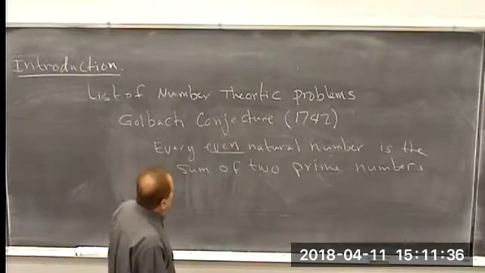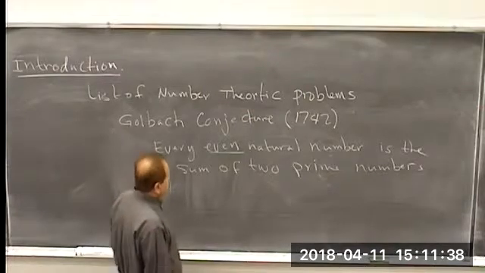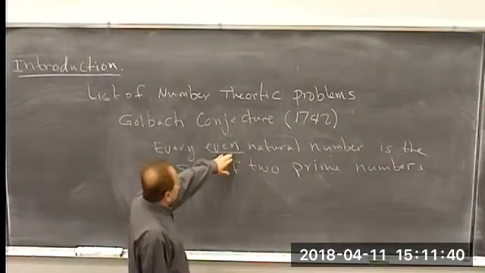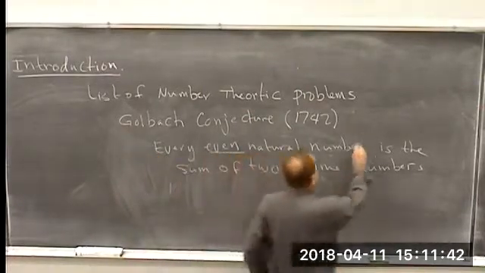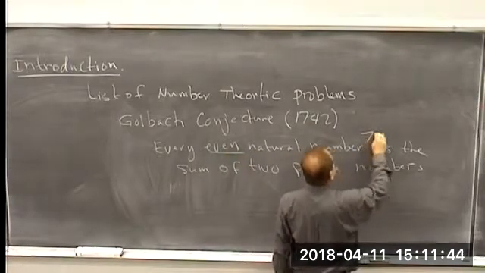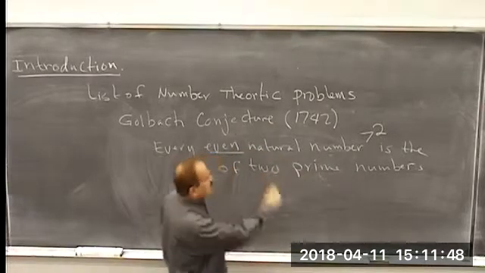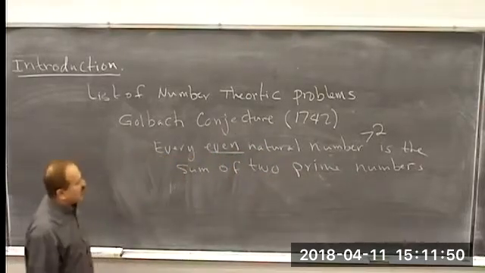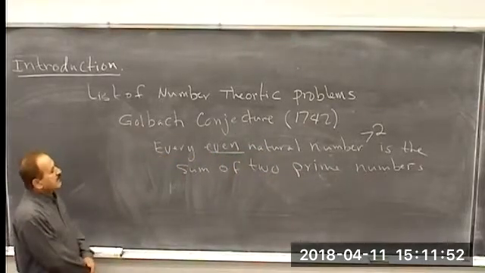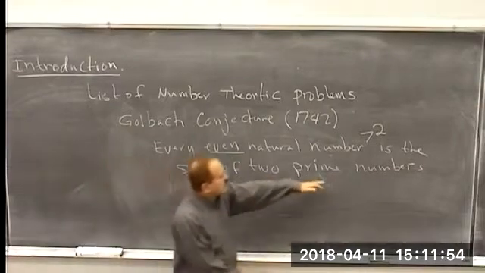So if you look at every even natural number bigger than 2, bigger than or equal to 4, since 2 doesn't work, it is the sum of two prime numbers.